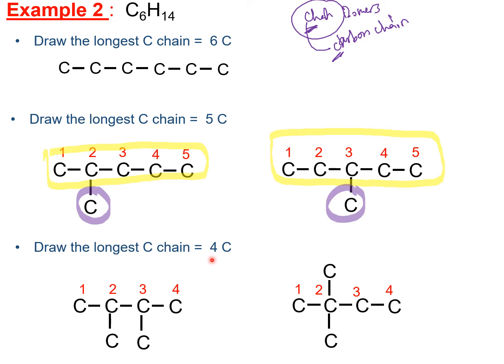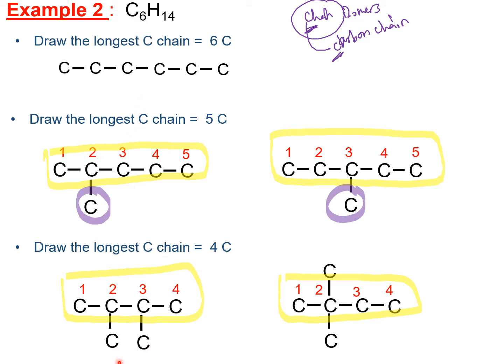Kita boleh dapati ada another 2 different structural formulas. Bila kita pendekkan jadi 4, that means the parent carbon chain sekarang ada 4. That means you akan ada 2 substituents.